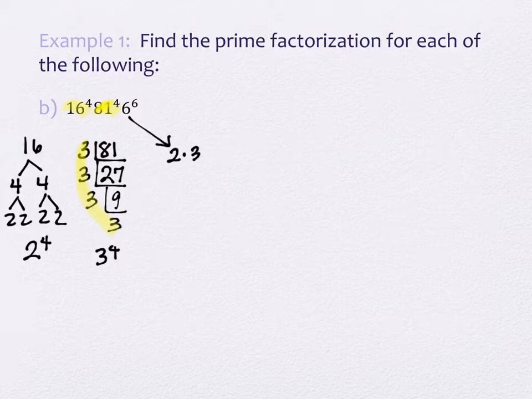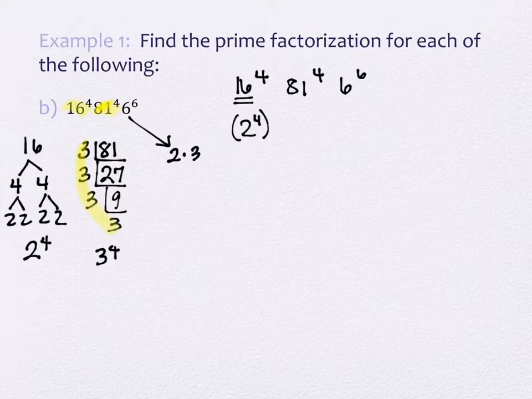Okay, so that's great, but obviously there's got to be more to it because I've just got the work all smattered around everywhere. I don't have a final answer yet, right? So let me actually write this out a little bit bigger because my work is too small. So this is 16 to the 4th, 81 to the 4th, and then 6 to the 6th. All right, cool. 16, just the 16 itself, we said was 2 to the 4th.